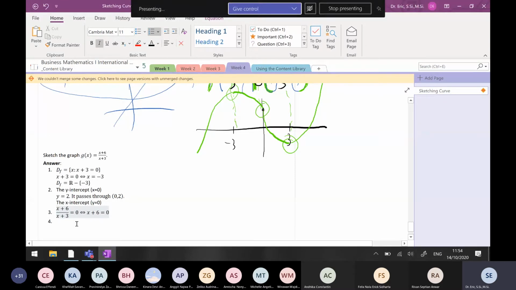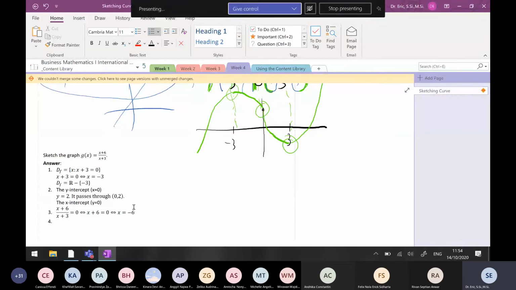I can multiply through because x plus 3 is not 0; you see that it is not in the domain, so we are talking about x not equal to minus 3. So it is safe to multiply. So x plus 6 equals 0, and x should be minus 6.